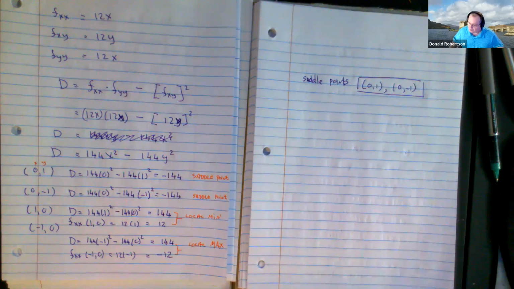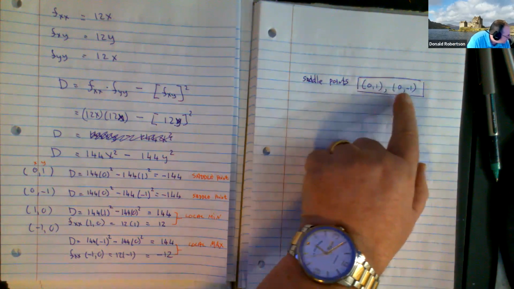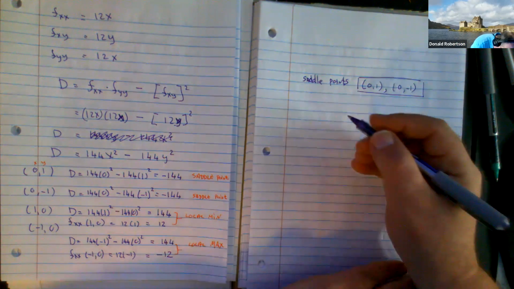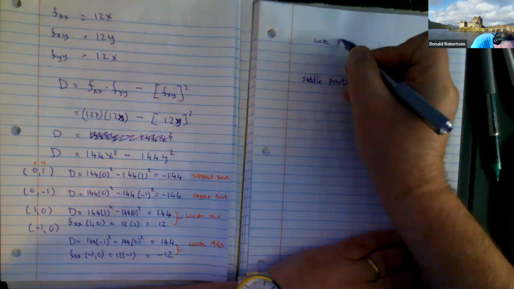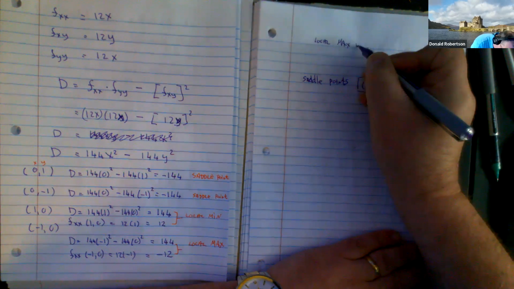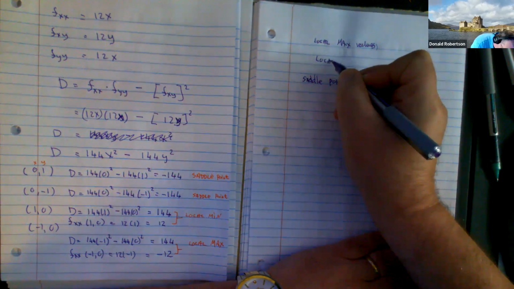Tell me the coordinates of where the saddle points are, and that's these 2. It then goes on and says local max values. And then it says local minimum values.